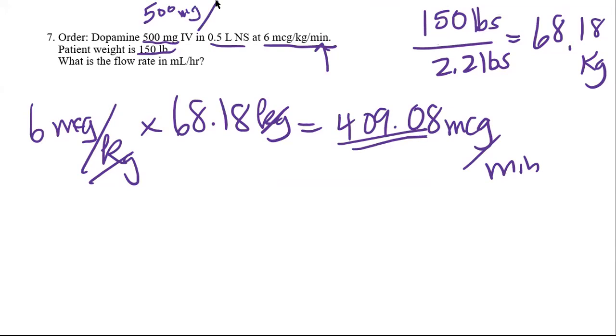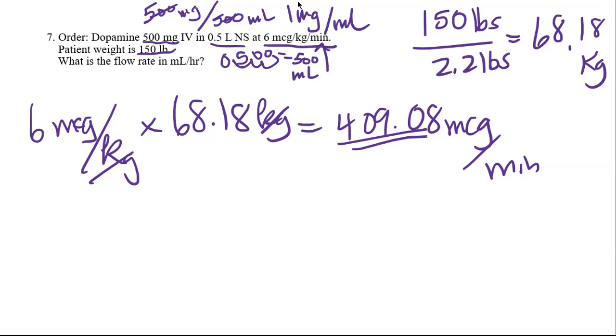You can always do that and say over 500 milliliters. 0.5 liters is equal to 500 milliliters. So we can say 1 milligram over 1 milliliter, so that's 1 milligram per ml. And that's what you have in the bag that you're hanging.